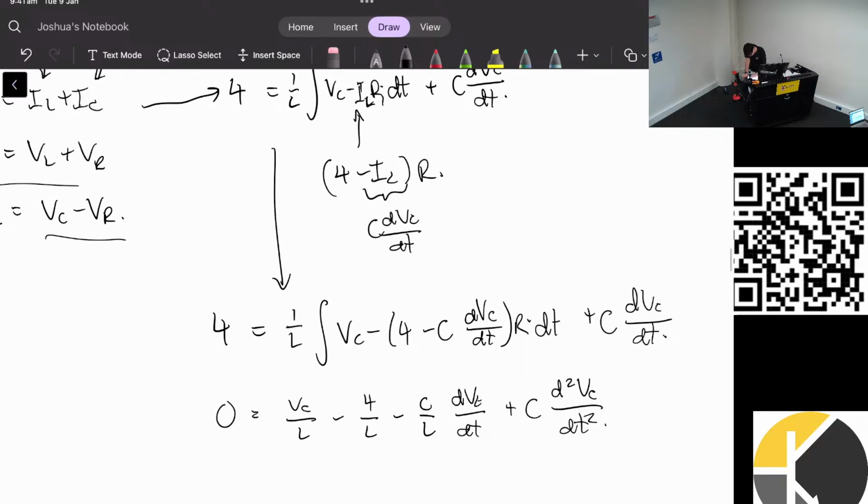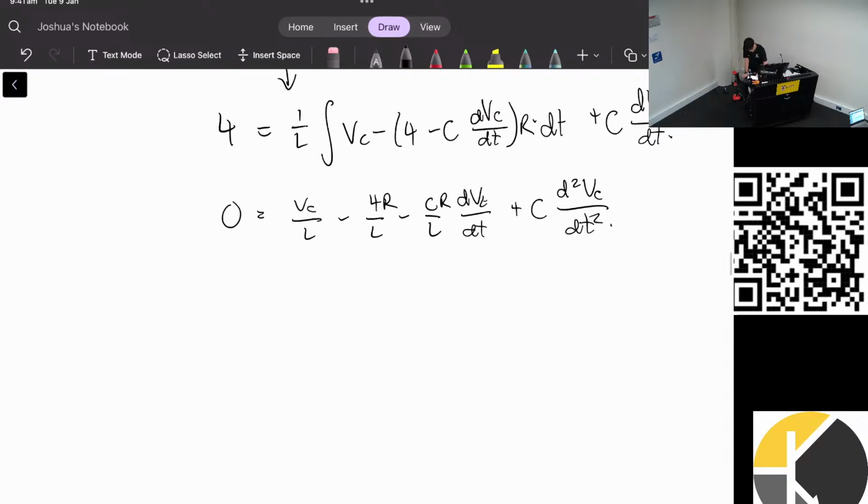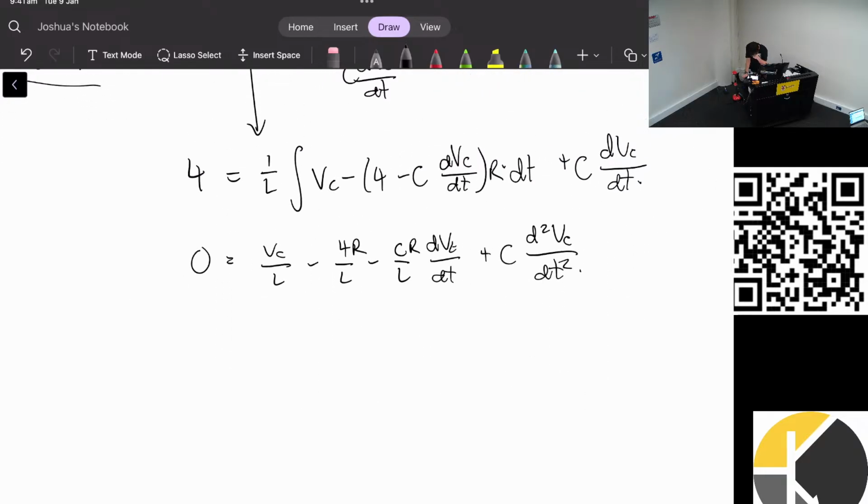So there should be an R here, and an R here. Great. Yep. Cool. So then if I divide by C, I'll get this. And this is 4R on LC.